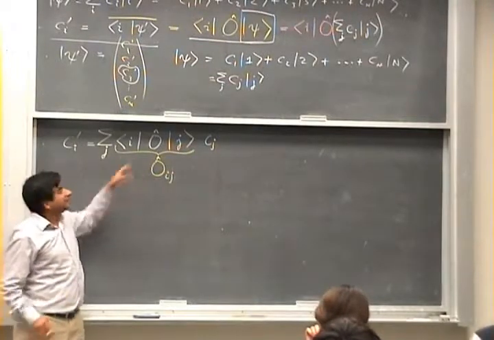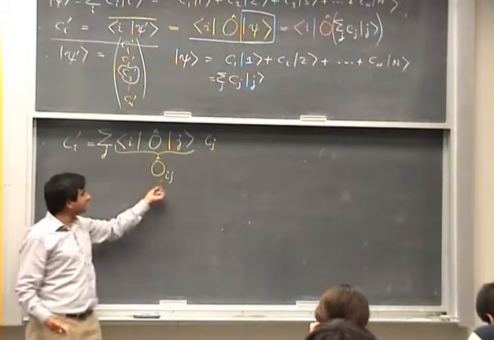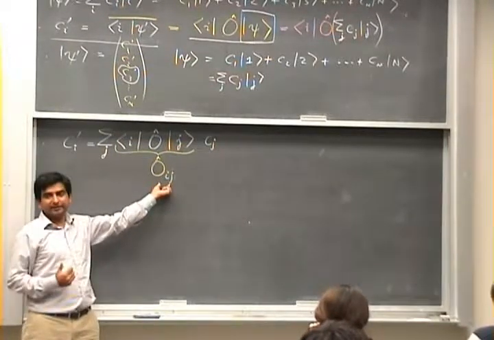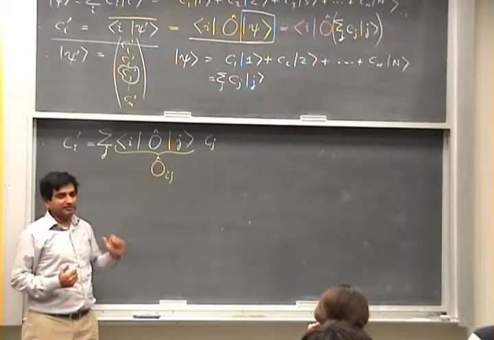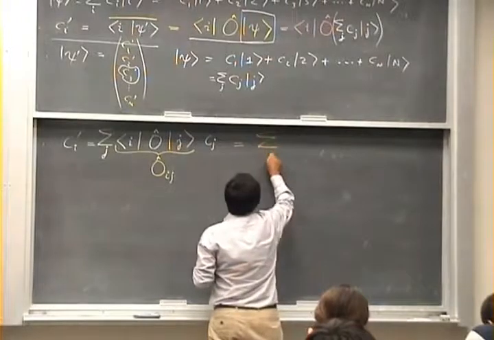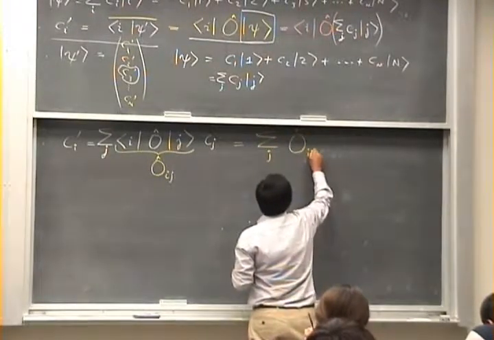I just represent, or I substitute this number by this label, right? It's Oij. Okay? And this expression then becomes sum over all of j, O, ij, cj.